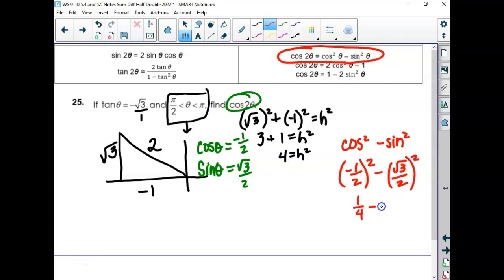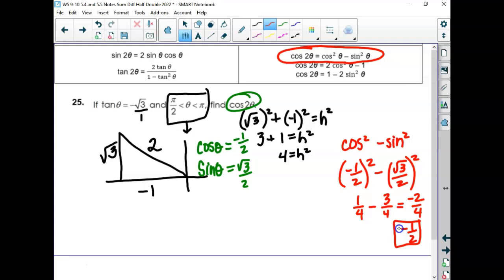Square root of 3 squared would be 3. On the bottom, square that and you get a 4. Simplifies to negative 2/4, because remember when you add and subtract fractions, you have to have a common denominator and keep the denominator, which reduces to negative 1/2. Okay.